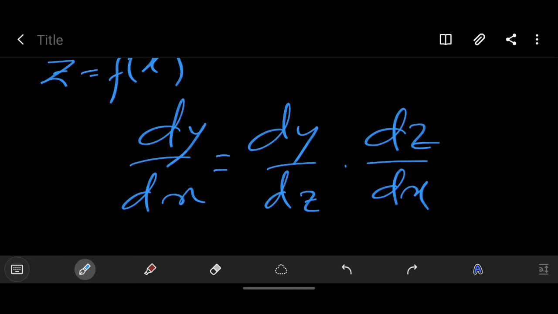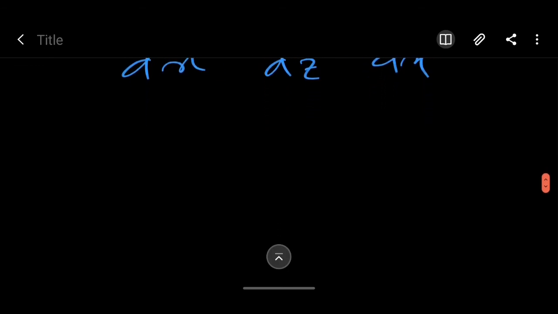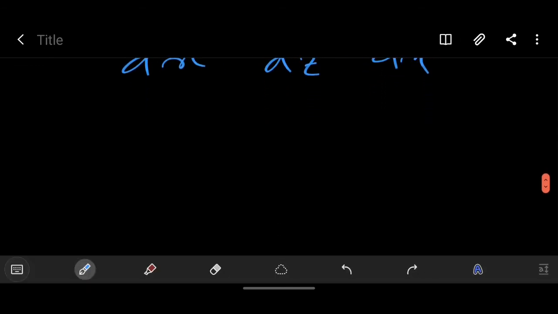After finding all these things out, and finding d squared y/dx squared with respect to x and z, we get another transformed equation, which can be written as d squared y/dz squared plus p1 dy/dz plus q1 y equals r1. Now, because we are changing the independent variable x to z, instead of x we write z.